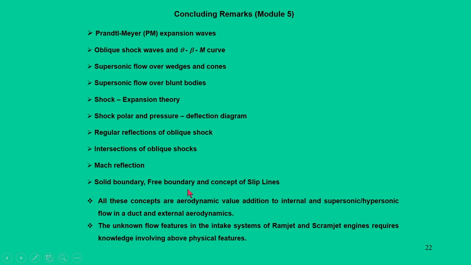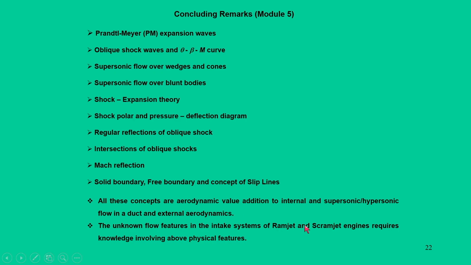So, the duct systems are designed in such a way that we get our desired requirement as far as thrust generation. But to get this thrust generation, the flow field has many instances, such as a reflection, an intersection, or a shock wave interacting with a free pressure boundary. Understanding all these things is very vital.